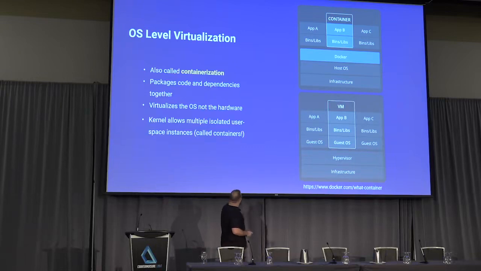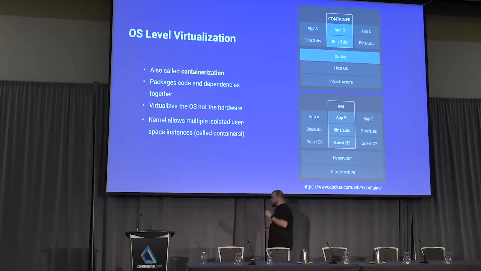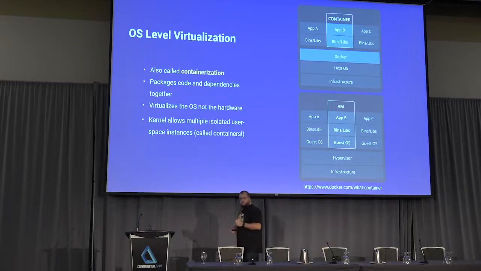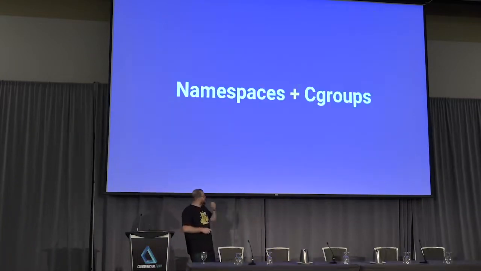So with containers, we take away that hypervisor, and all the applications running inside of a given container are using the same kernel. They're sharing the kernel of the underlying host. And this is where we get to play with some really fun abstractions and really get to increase security posture. We're going to talk a little bit about how that works today.